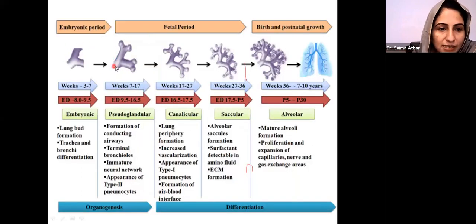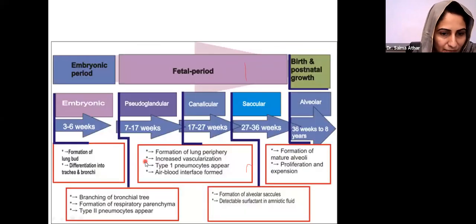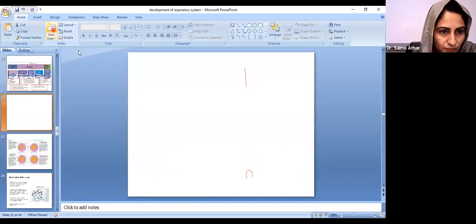Okay, so we were discussing the phases. Most of the time we explain four phases: pseudoglandular, canalicular, terminal sac or saccular, and the alveolar period. But sometimes the embryonic period is also included. Different versions are written, so I'll draw a diagram so that you understand the concept.